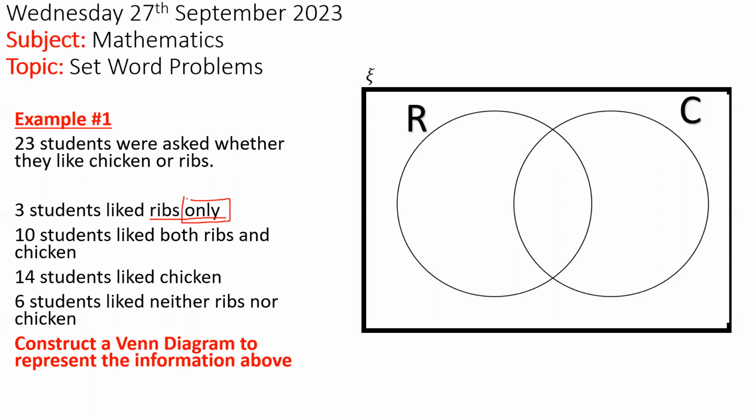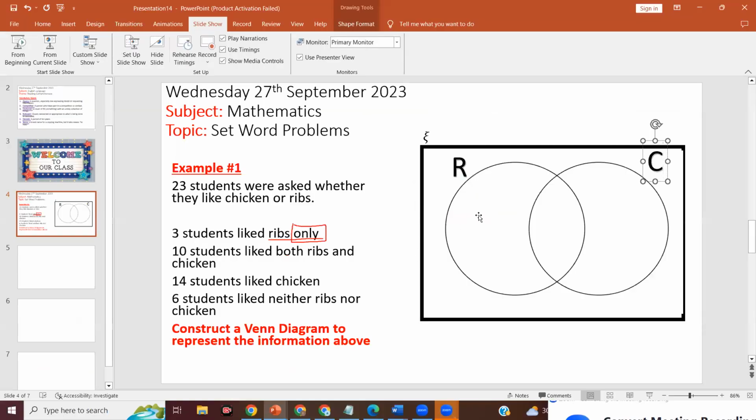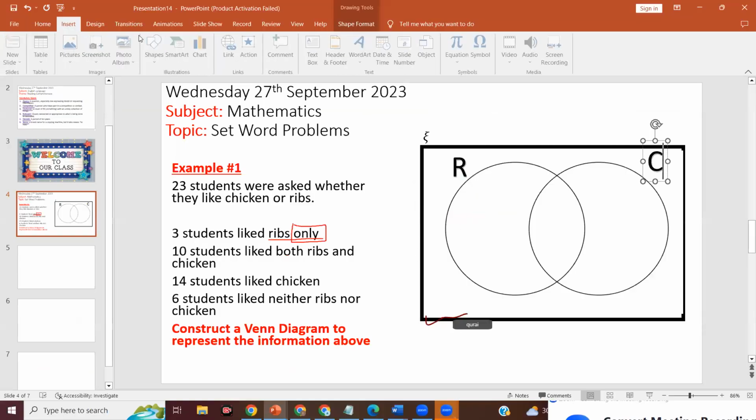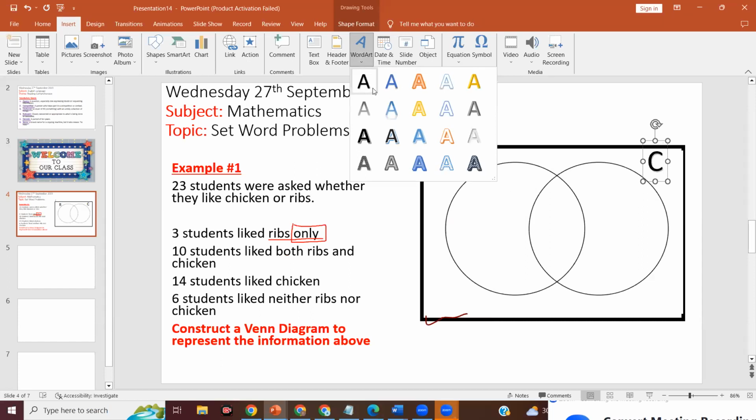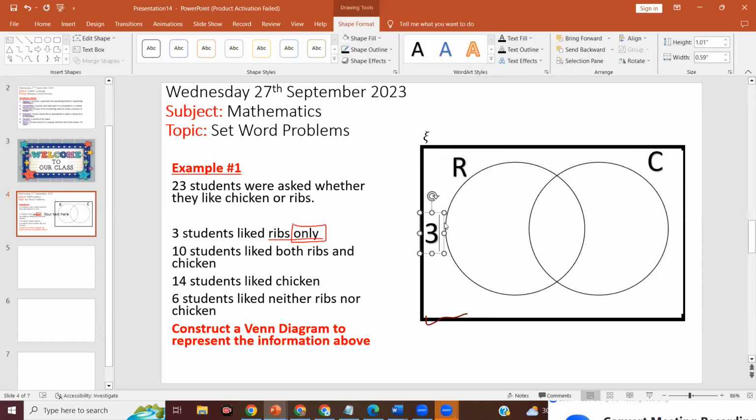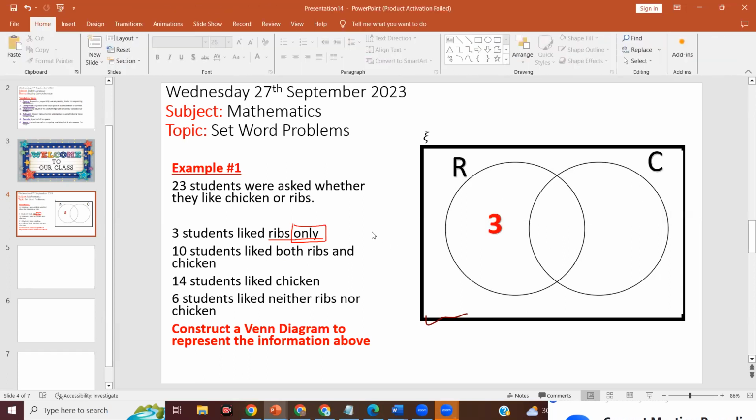And we know only goes where? Underneath R. Okay, so it's going to be this one. So 3 students like ribs only, and that goes right there. Any questions on that?